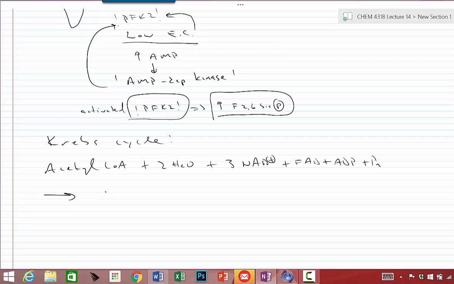And they're going to produce 2 carbon dioxides, 3 NADH plus 3 protons plus FADH2 plus coenzyme A plus ATP. Okay.